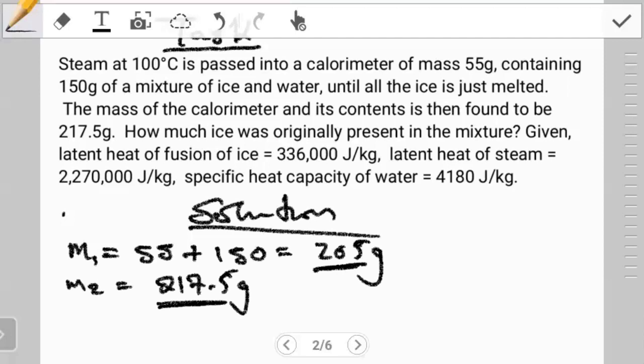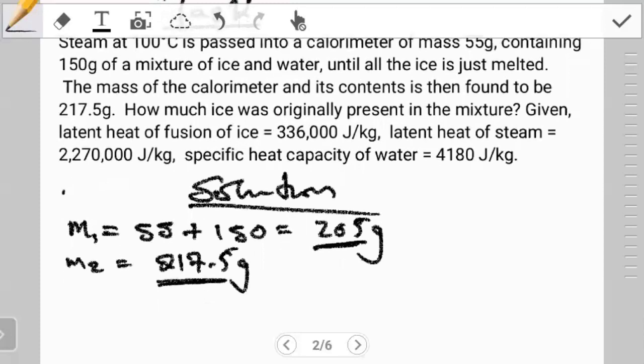The only logical explanation is that as the steam was passing through the calorimeter, part of it was being condensed. So part of the steam, which was in gaseous state at 100 degrees Celsius, was being condensed from steam to become liquid. And we also have to observe that that liquid actually had to be at 0 degrees Celsius. We'll see exactly why it is like that a bit later.